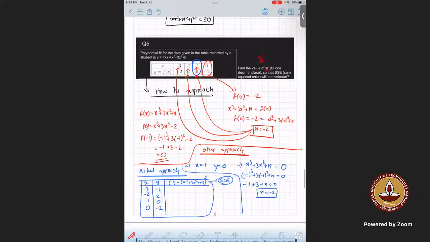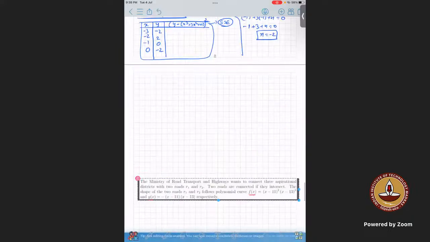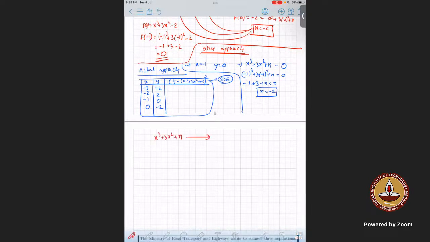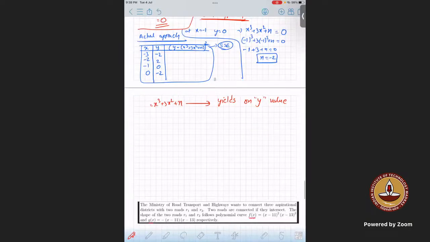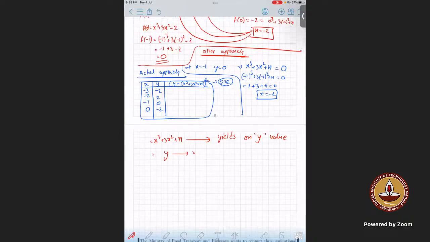Suppose this equation, x cube plus 3x square plus n, yields one y value. But we also have a y value in the data. Y value in data. Clear till now? Hello.